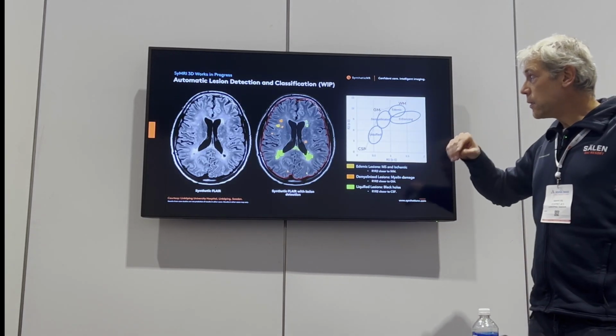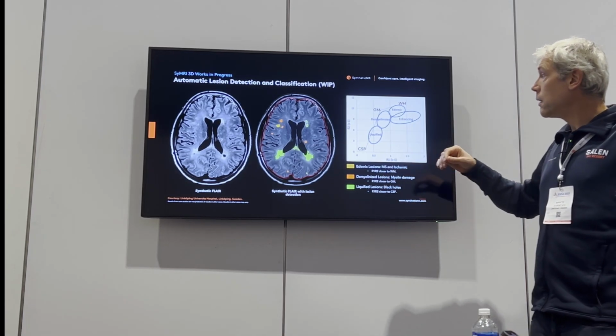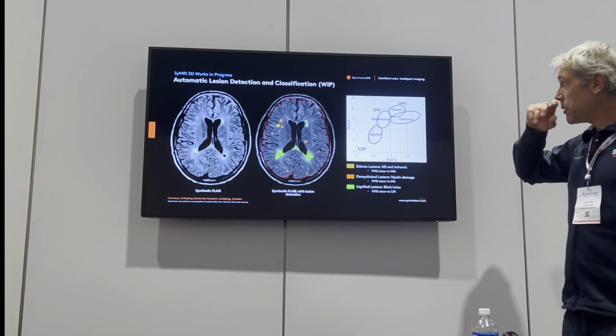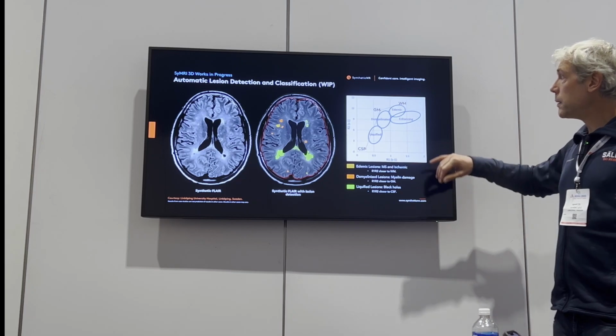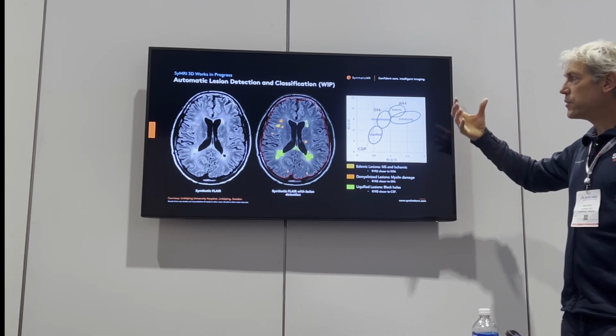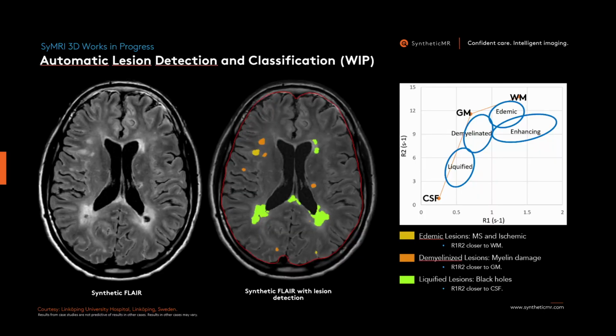But there's more. I mean, if you choose not to use gadolinium at all, then, well, this is maybe a bit arbitrary, and we still want to communicate with different clinicians what we want with this. But this is the picture that we kind of see. Again, if we have R1 versus R2, we have the standard positions of CSF, gray matter, and white matter. So this is a normal white matter.